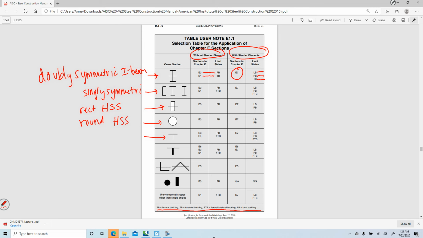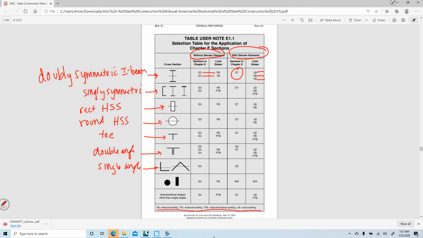This is a WT or an ST, it's a T, right? Here we have a double angle, and this is a single angle.